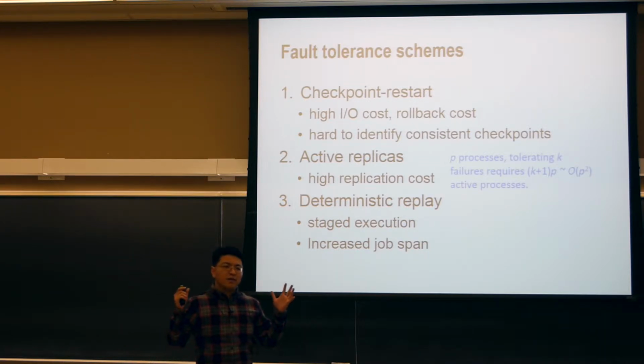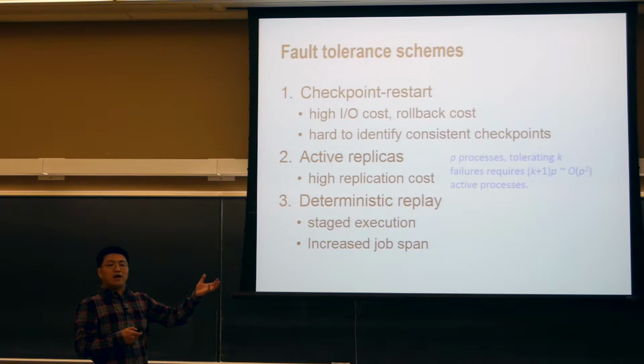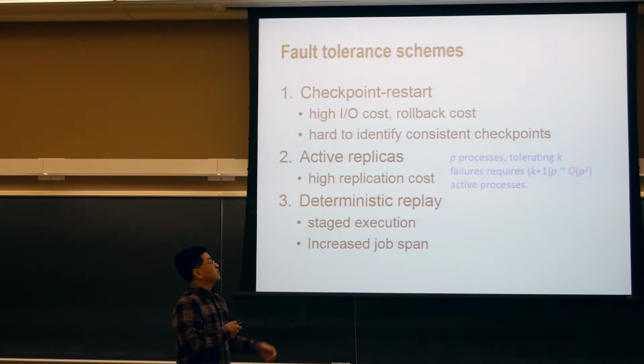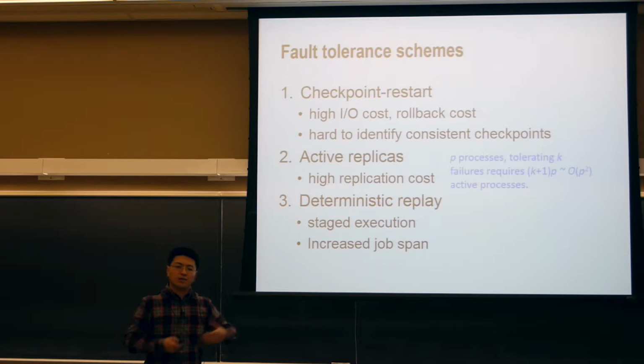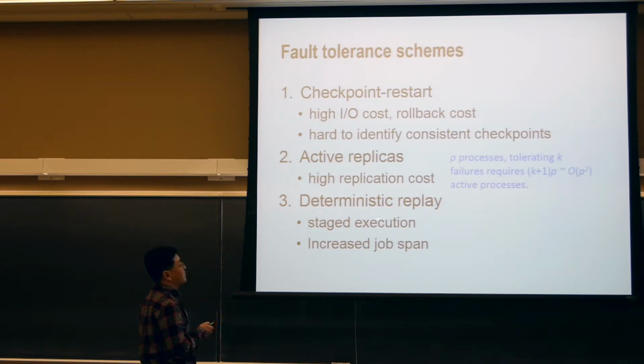Usually faults occur at some rate, depending on the distributed system, and K is proportional to P. So in total, the order is P squared, and with more and more processes, the cost of replication just blows up.